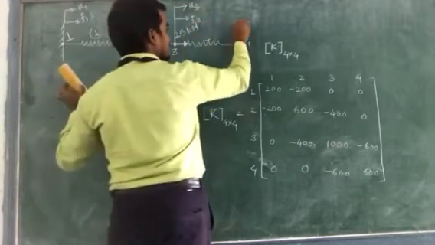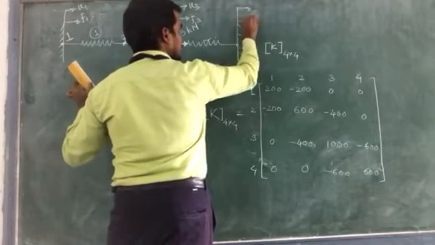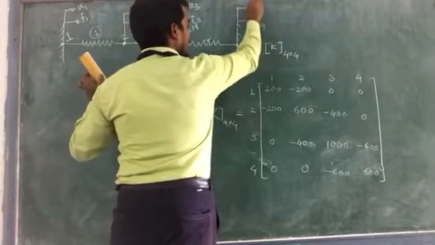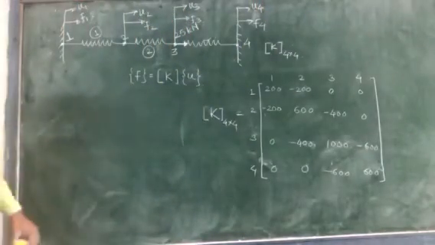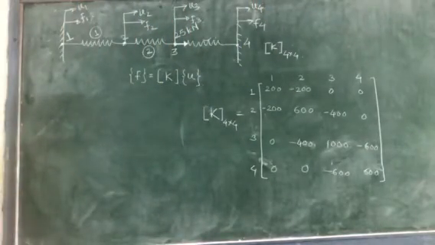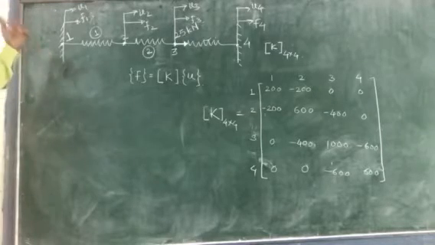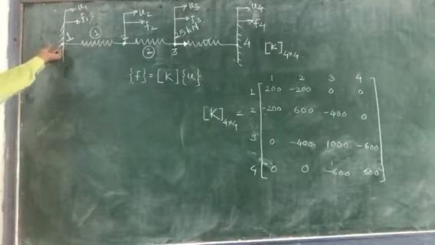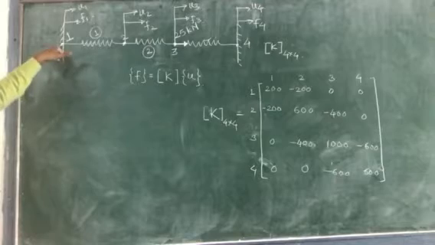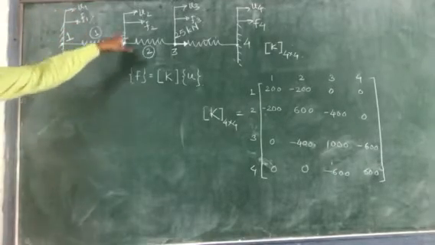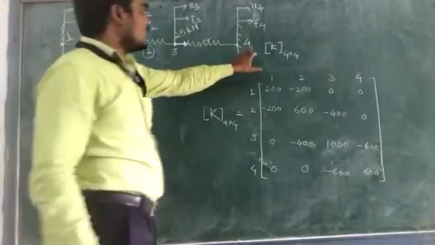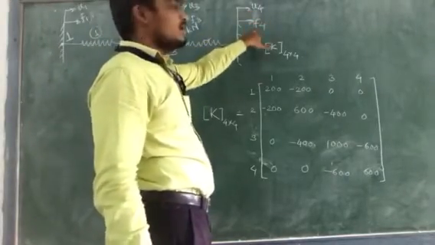And finally for the fourth node, F4 and U4. So in this way, you can denote the nodal displacement as well as the nodal force for a particular node. Means for the first node, it will become U1 and F1. For the second node, U2 and F2. Similarly, for the fourth node, it will become U4 and F4.